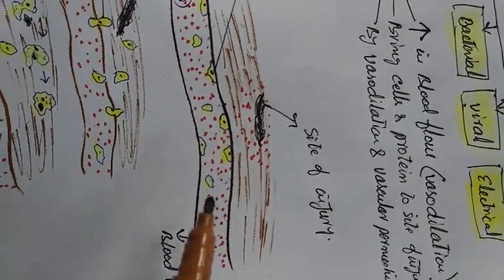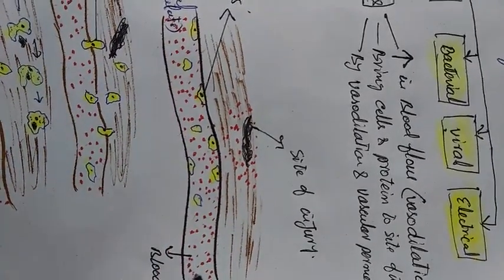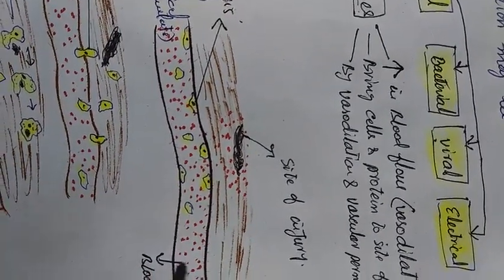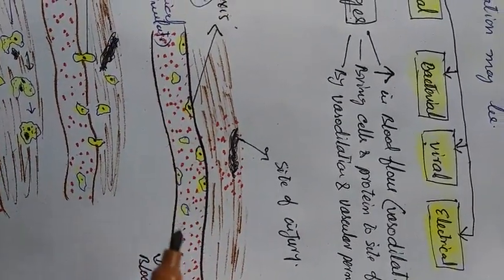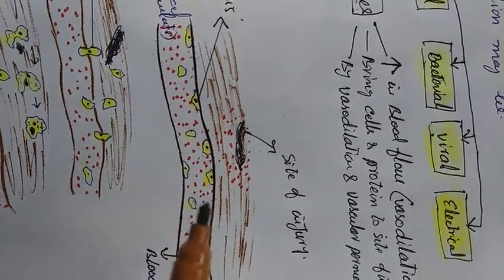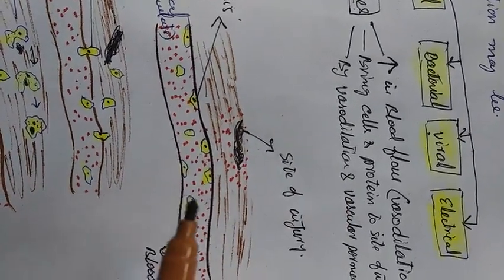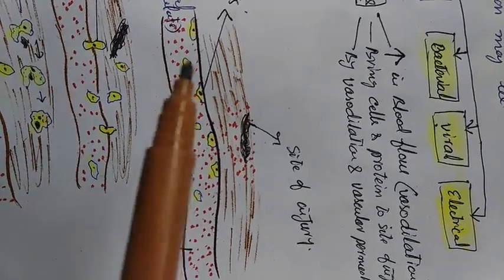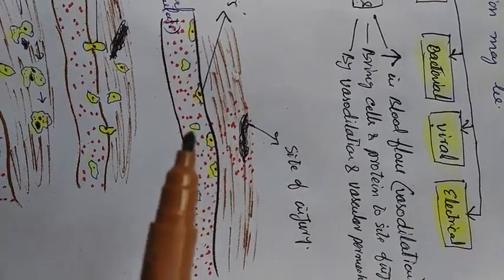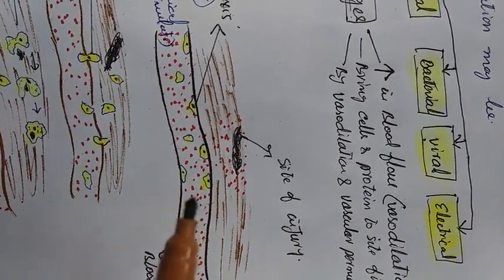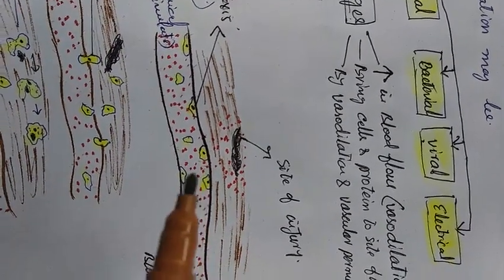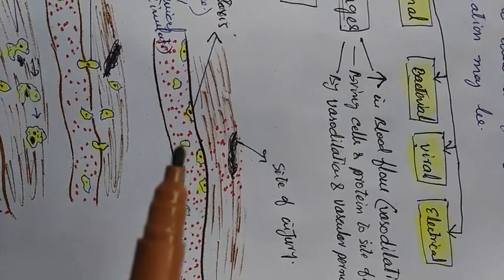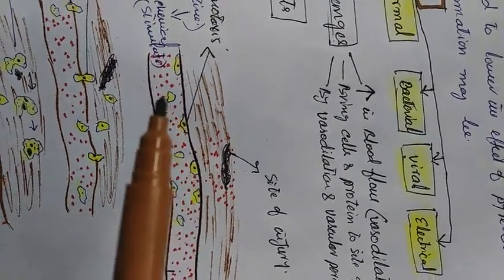This is a blood vessel, a blood capillary, and this is the site of injury. The local blood capillary dilates because of the histamine and other slow-releasing substances. Vasodilation takes place, and because of it, more and more blood flows through these capillaries, and ultimately the white cells, or leukocytes, adhere to the inner walls of these blood vessels, which is known as chemotaxis.